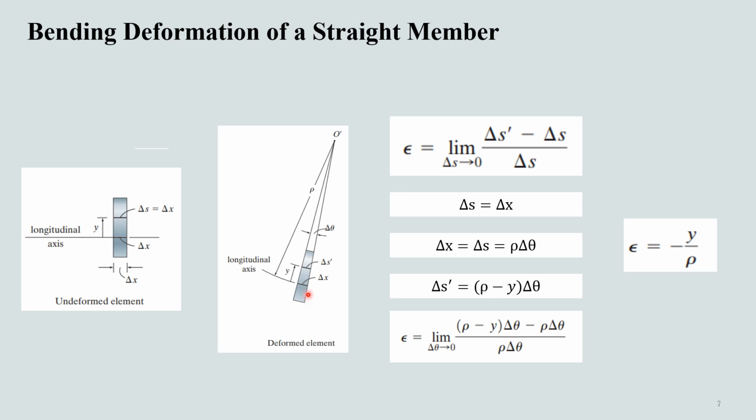We are applying the simple formula of the circle that says s is equal to r theta, where s is the arc length, r is the radius, and theta is the angle of the segment we are considering. In the next step, the deformed length del s becomes del s dash, and this del s dash is equal to rho minus y, where y is the distance from the neutral axis, into del theta. You have to subtract this length here.